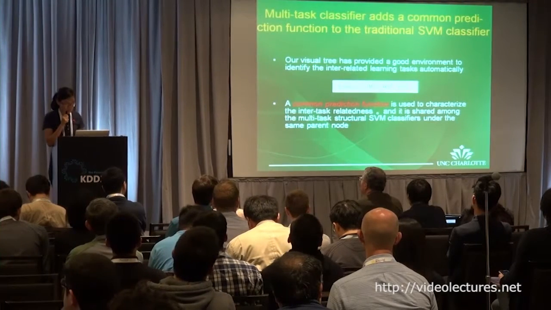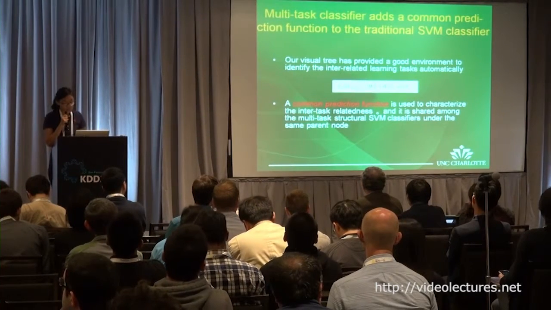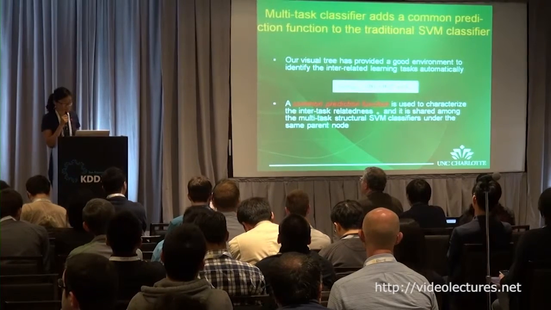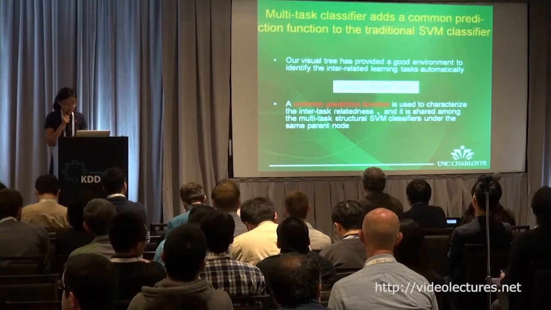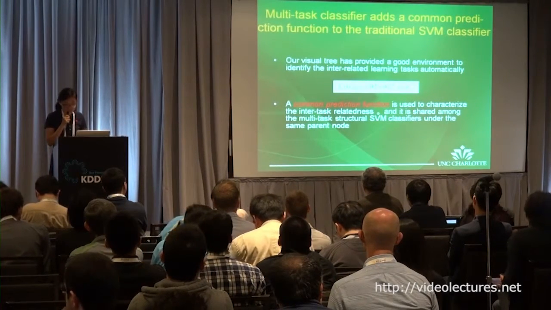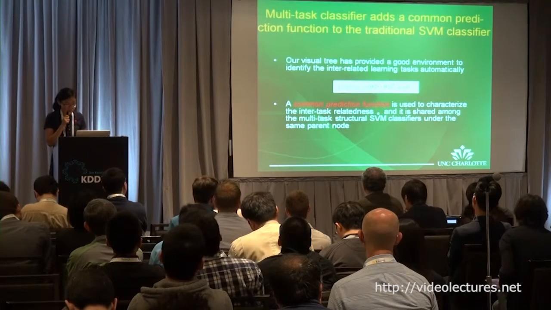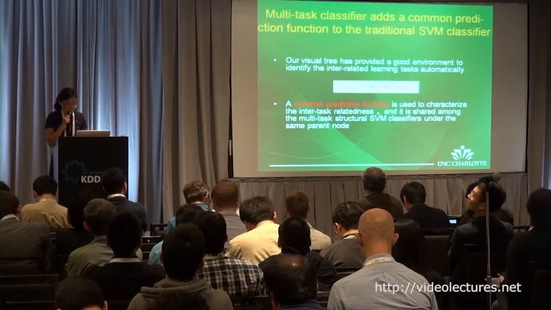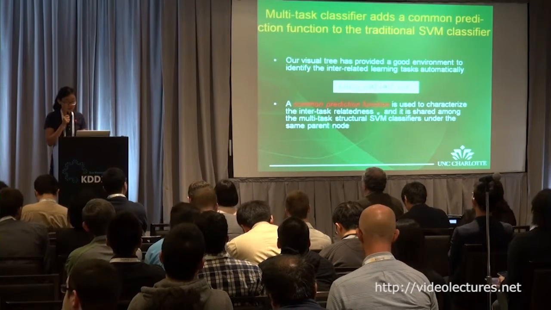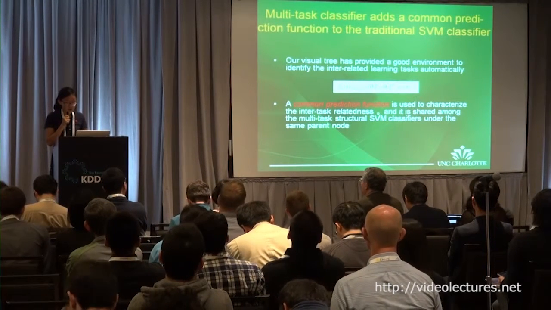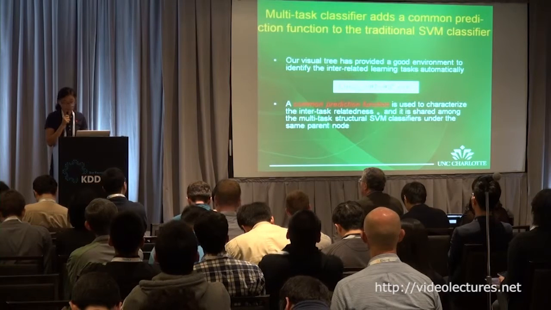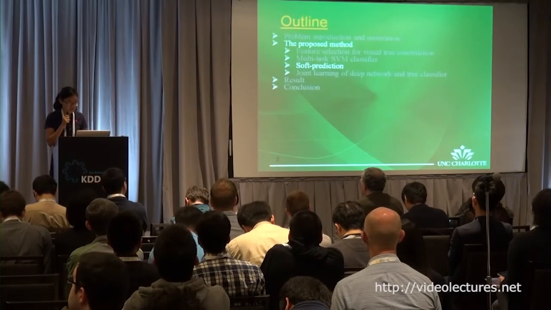You can see from this formula, the difference is the W0 here. It is called the common prediction function, and this function can be used to characterize the interclass relationship. And this W0 is shared among all the SVM classifiers under the same parent node.